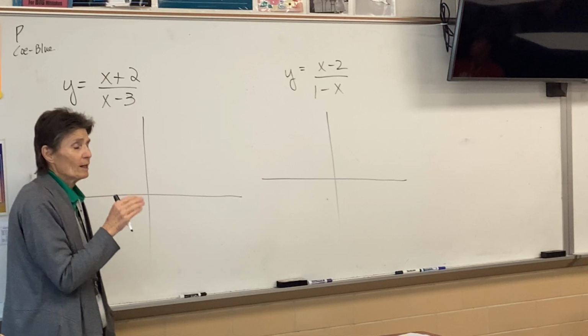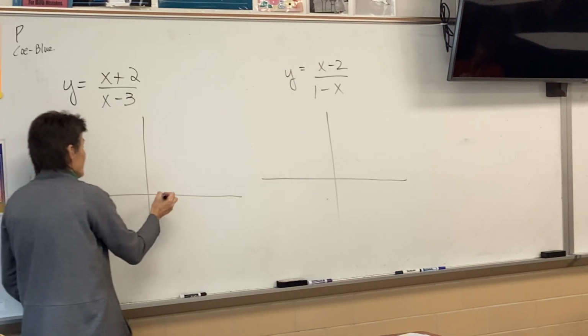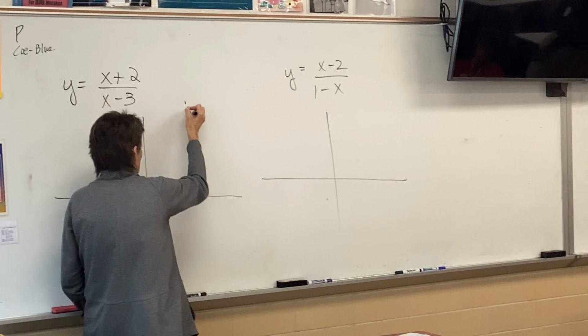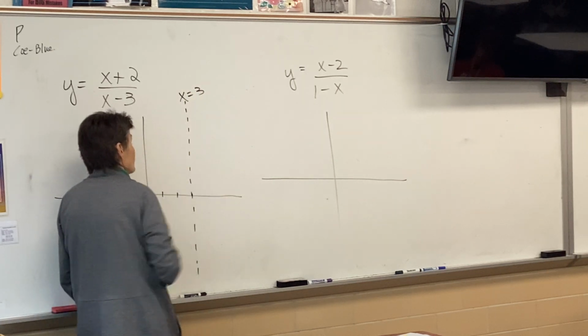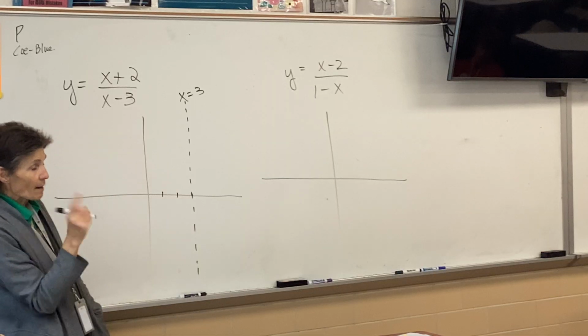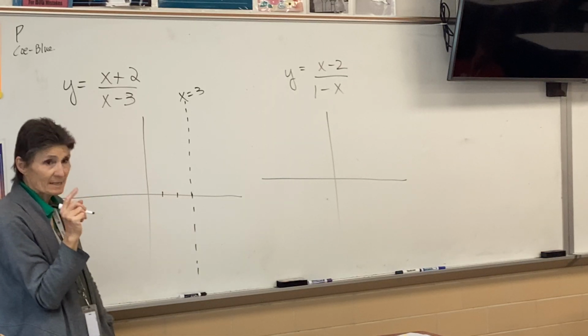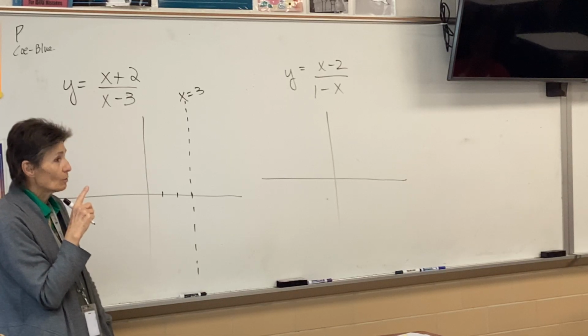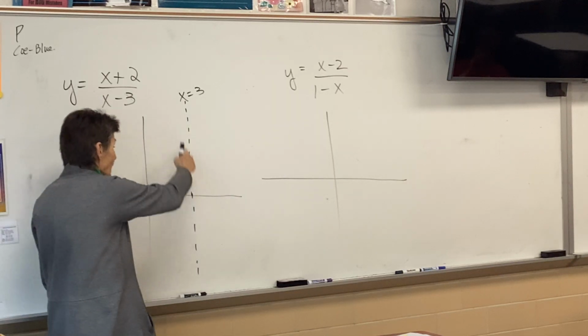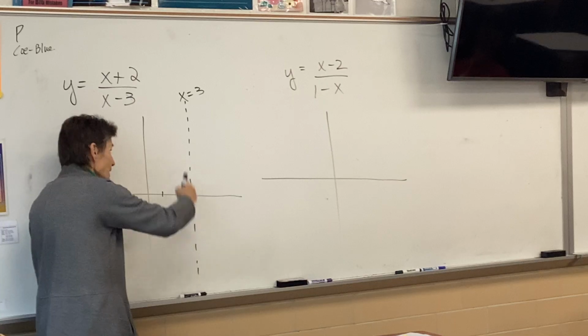So vertical asymptotes come from your denominator. So my vertical asymptote is x equals 3. And since I'm going to need to remember that, I might take a little note over to the side. A vertical asymptote is a vertical line up and down.